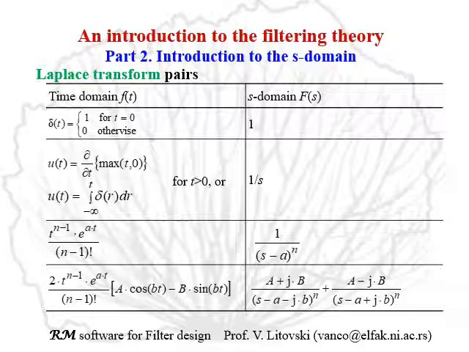Then we have the step function, which is expressed in two ways. This function has value 0 if the time is negative, and has a value 1 if the time is positive.